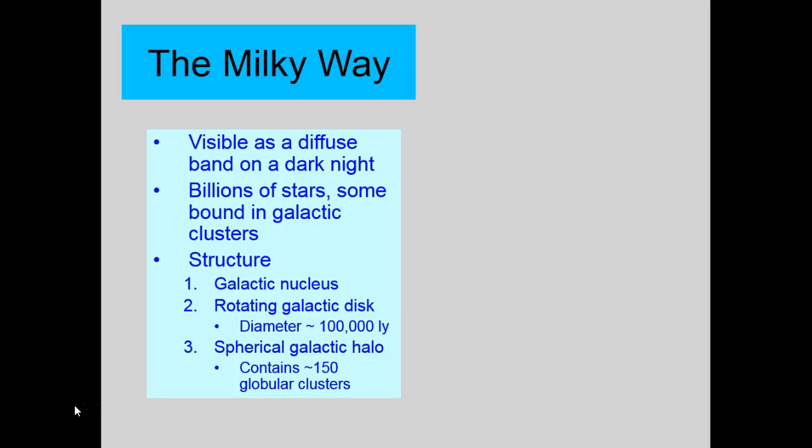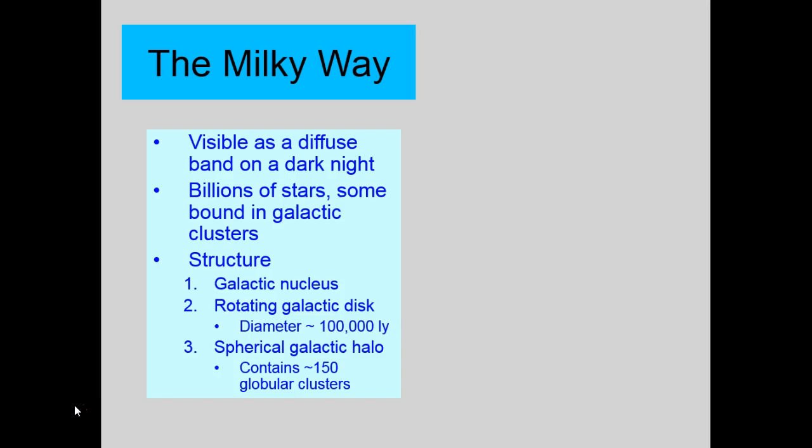So let's move on to the Milky Way galaxy. If you get out in the boonies somewhere where there is no major light pollution, and you look up on a very clear night, not much cloud or anything else, you will see, among all the very bright stars that you've never seen before, this mass of very diffuse light.